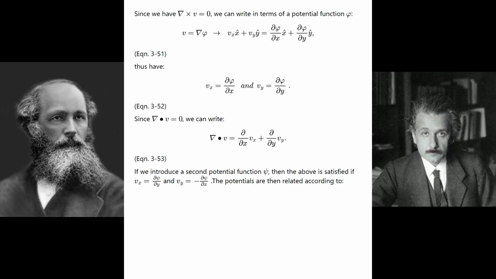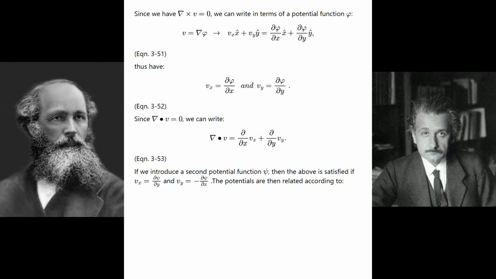Since we have gradient cross V equals 0, we can write in terms of a potential function phi. See equation 3-51. Thus we have, see equation 3-52. Since gradient dot v equals 0, we can write, see equation 3-53.